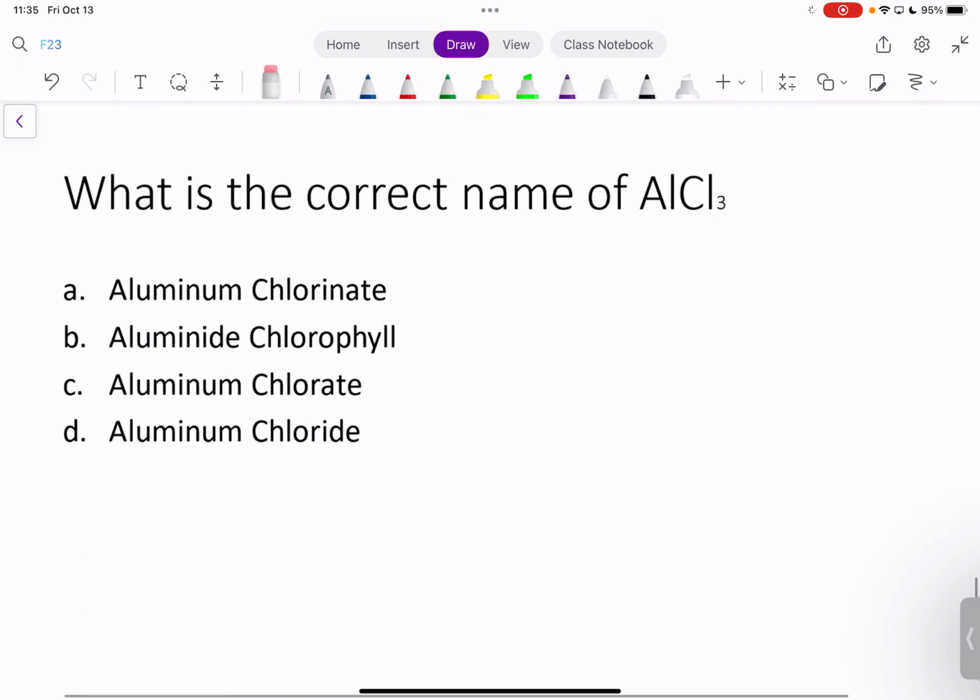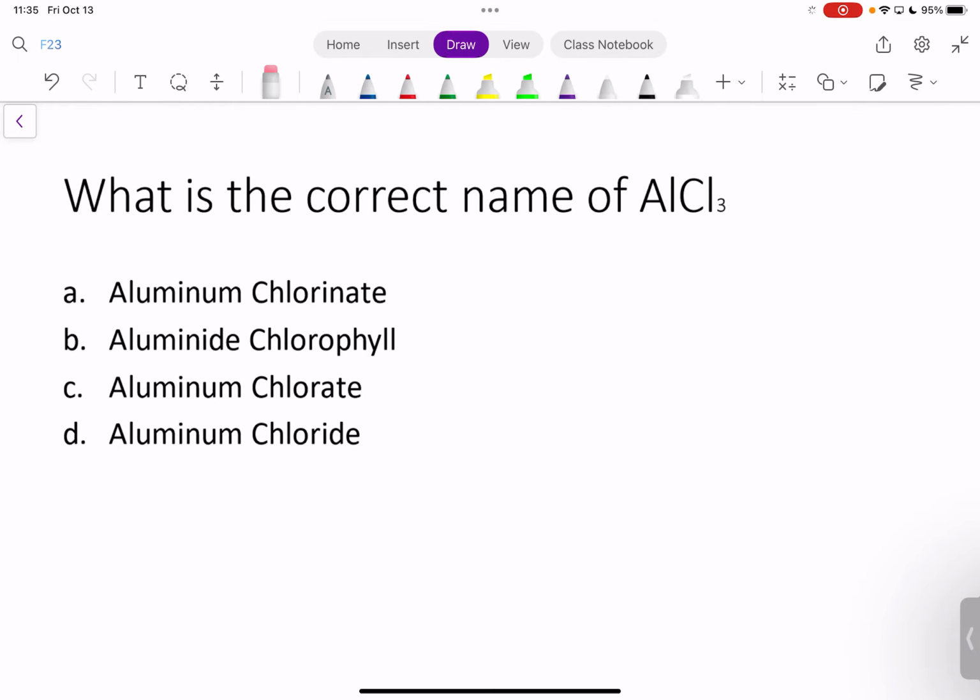Got nervous. All right. What is the correct name of AlCl3? That 3 is kind of small. AlCl3. So that's aluminum and chlorine bonding together. Ionic compound. Aluminum chloride, right?